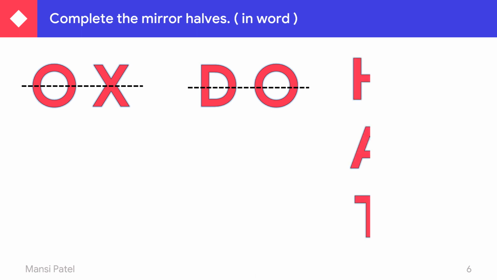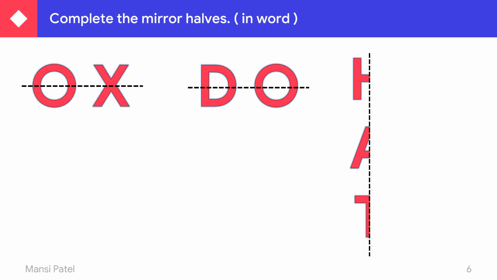Now one another example, see. Here they will divide this letter in a standing line. So first you have to complete first letter, then second letter and then third letter and then you have to assume what is the word. So by the mirror holes, here they were given standing line to you.